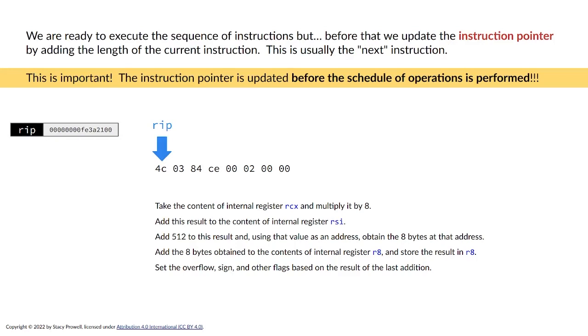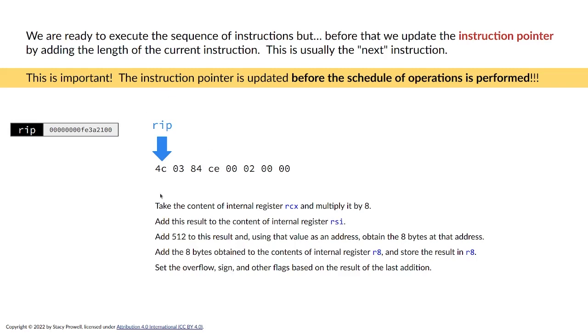In addition, we left this part out. Let's go back and get it. The instruction pointer gets updated before the schedule of operations is performed. So we've built the schedule down here at the bottom. So we've decoded the instruction. So now we know the instruction is 8 bytes long. We know what we've got to do. We haven't done it yet. But we also have to update RIP.